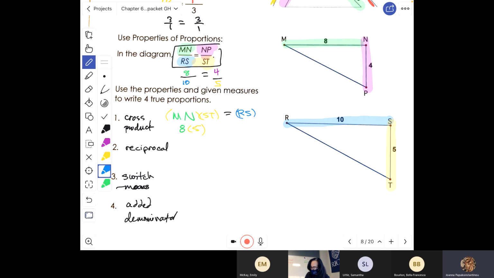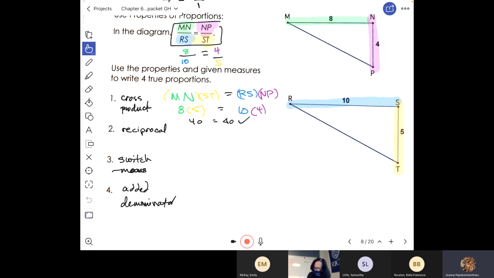RS, which was 10, times NP. So we have shown that 40 equals 40. So we've just demonstrated that cross product property.